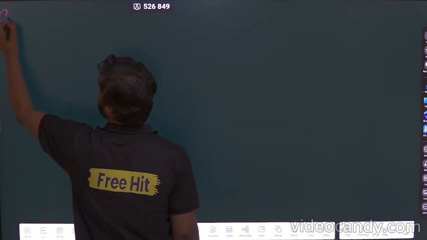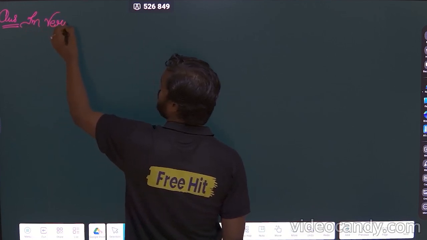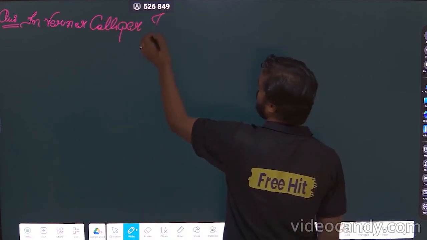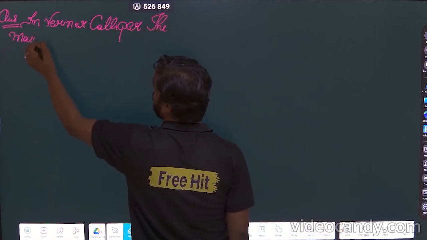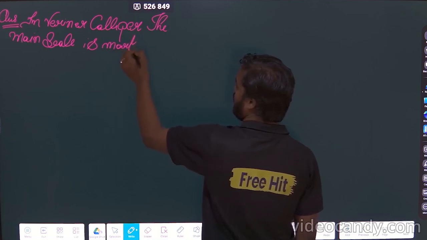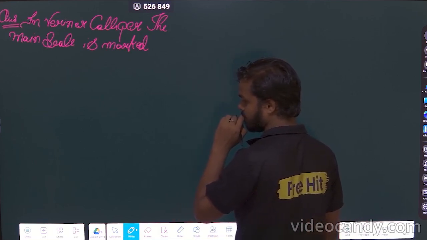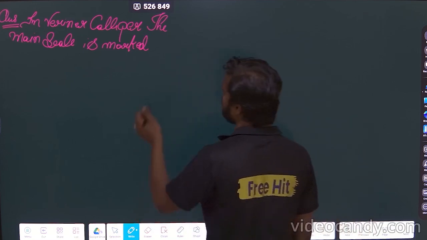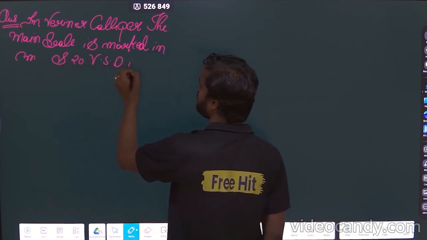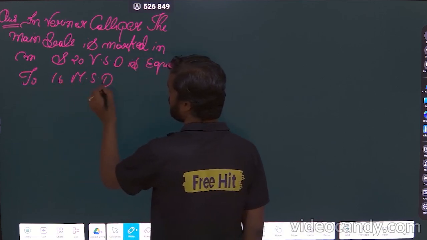Suppose there is a question. The question says, in a vernier caliper, the main scale is marked in centimeter and 20 vernier scale divisions is equal to 16 main scale divisions.